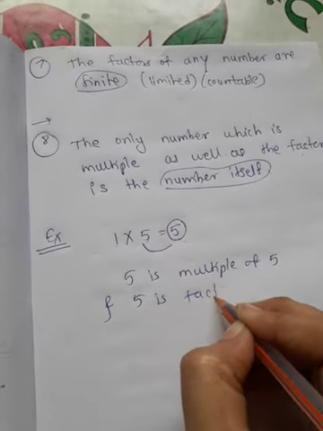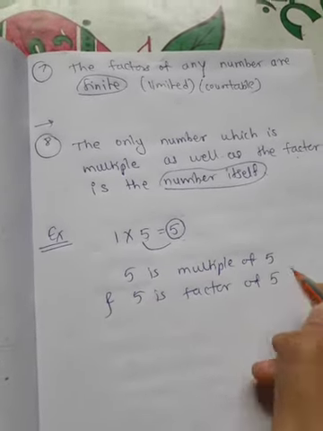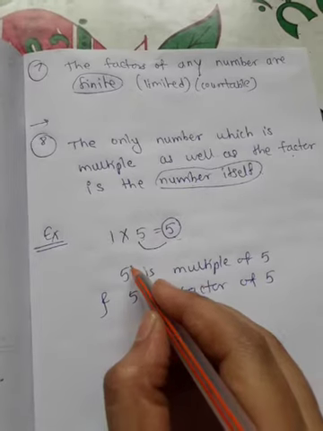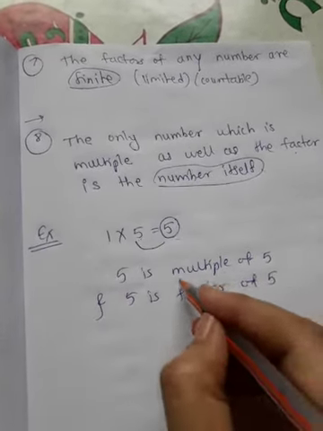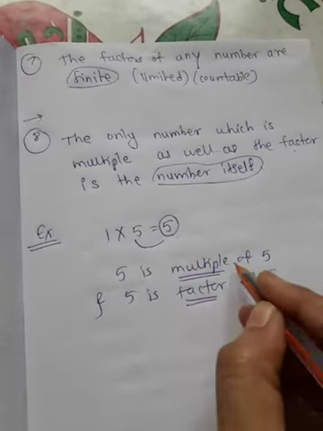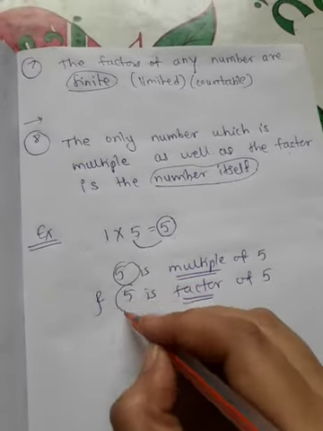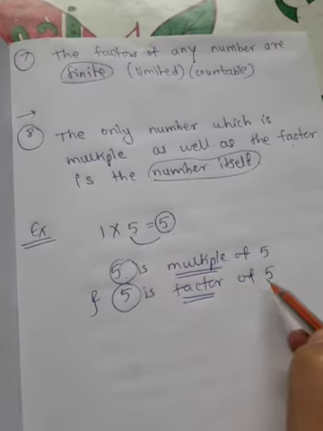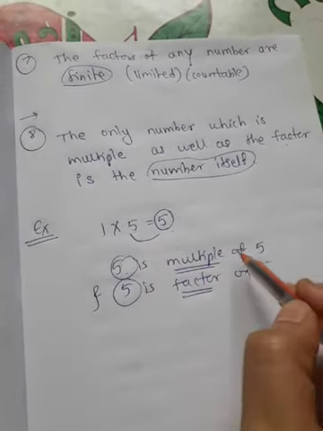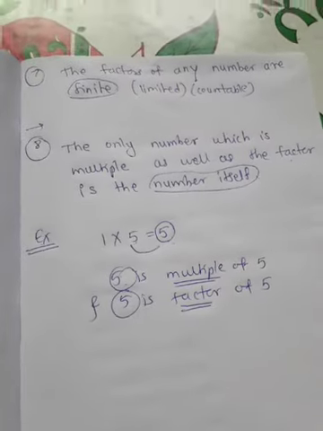It means that the only number which is a multiple as well as a factor is the number itself. So 5 is a multiple of 5 and 5 is a factor of 5. So the number itself is a multiple as well as a factor.